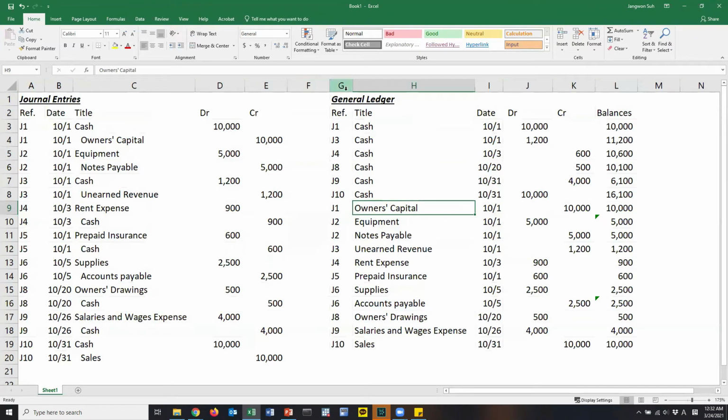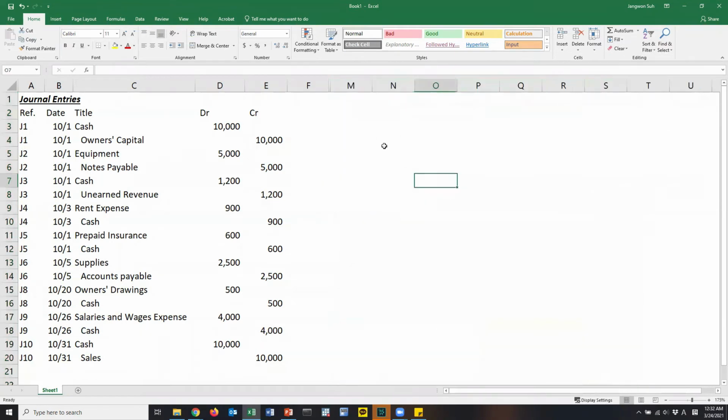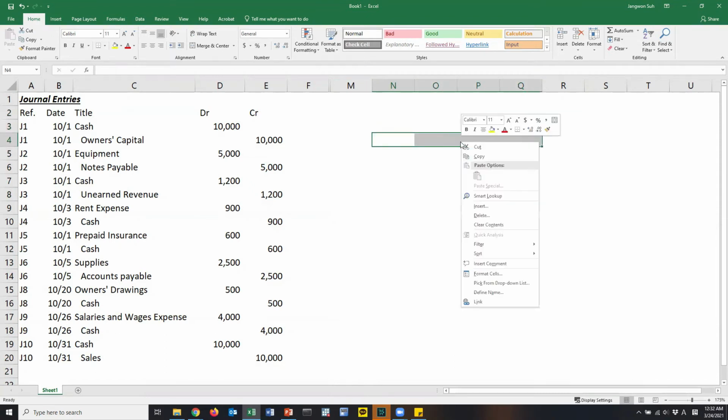Then also I'd like to hide it for now. So grab the general ledger and then hide H. Okay. A T account, cash. What you do is for cash, you draw a huge T. You don't have to follow here because drawing T accounts is not easy using Excel.